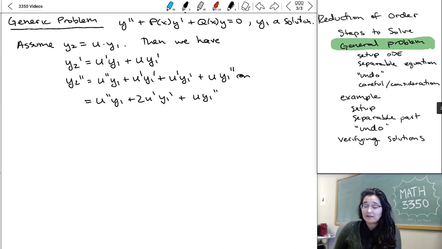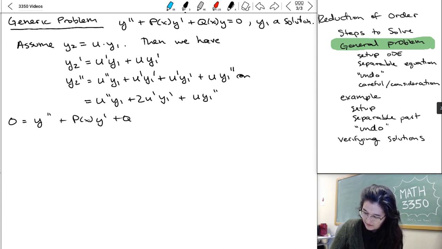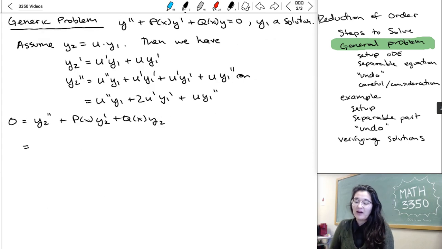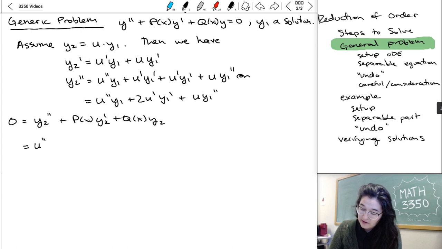Now I want to plug that into the differential equation. So if I have 0 is equal to y double prime plus p of x y prime plus q of x times y, I want to plug in my y2. Of course it would move right as I start to erase. I'm going to plug in y2 double prime first: u double prime y1 plus 2u prime y1 prime plus u y1 double prime.